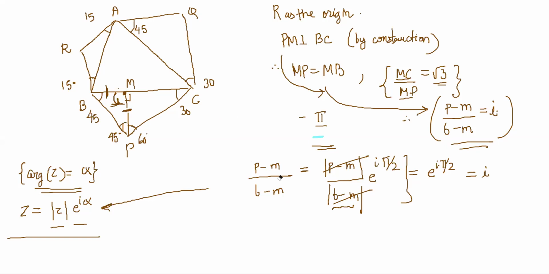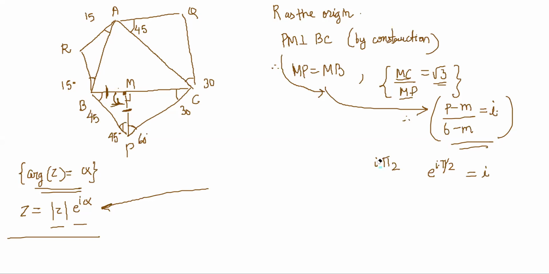So what is the complex number for that? So let's write the argument first. After that, we'll think about the complex number. So how do we write the argument? Think of the more anti-clockwise side first. MC and MP, I have to write. So here only, if I write like this is the more anti-clockwise side, right?